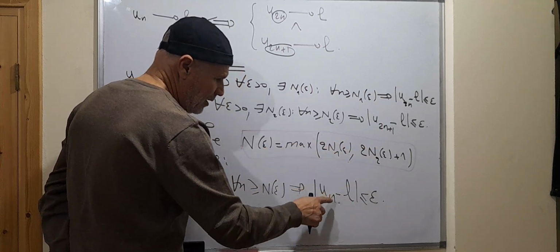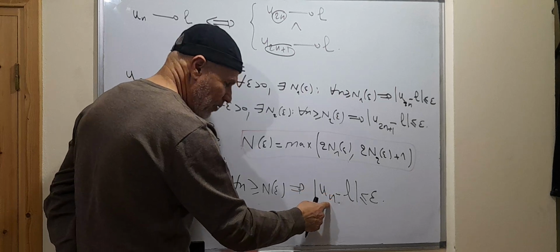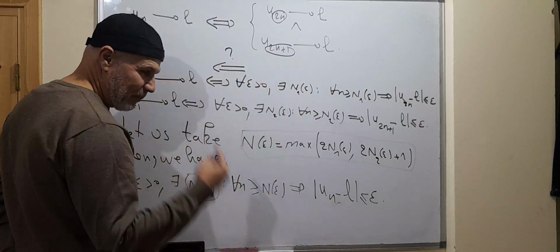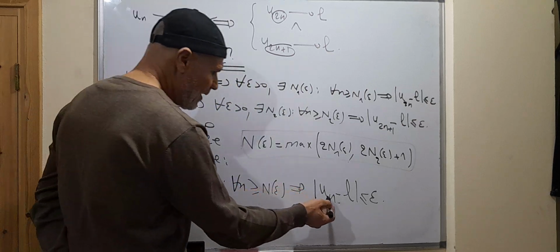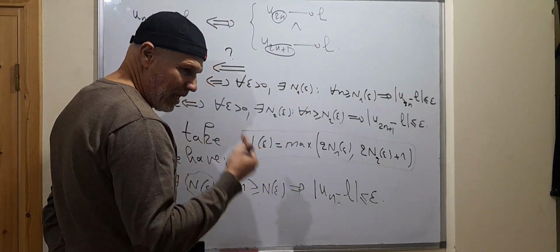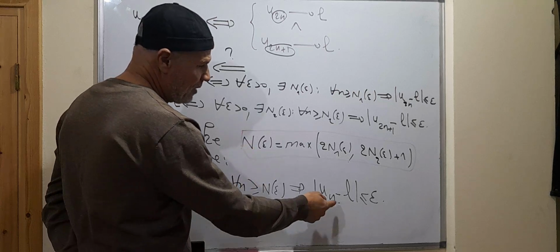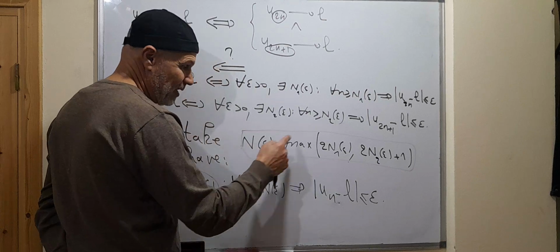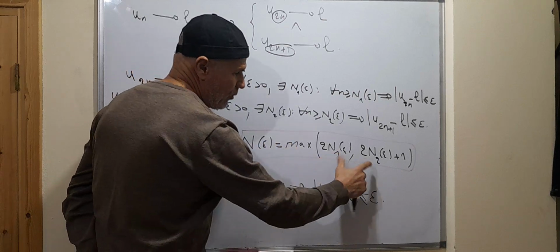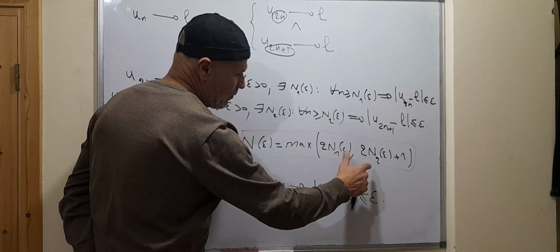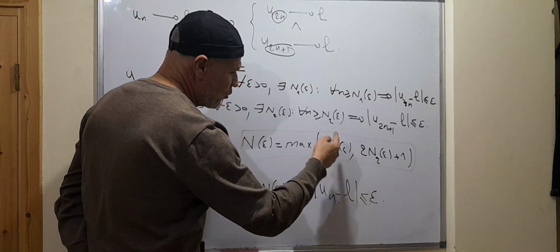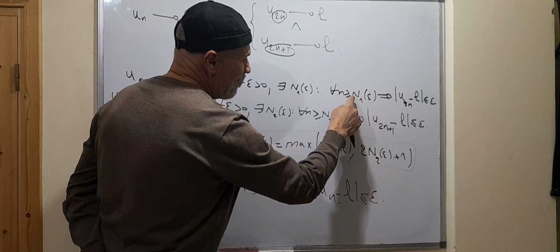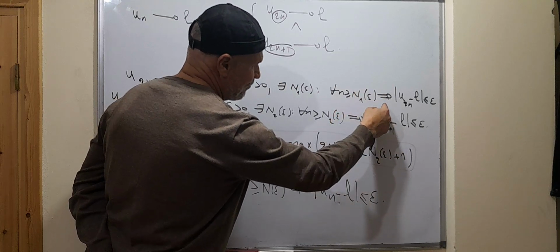Then even or odd, we will always have this inequality. I repeat once again, n can be even or odd. If it is even, we apply this, and since N(epsilon) is greater than the greatest between them, we are sure that 2n is greater than 2n1(epsilon).